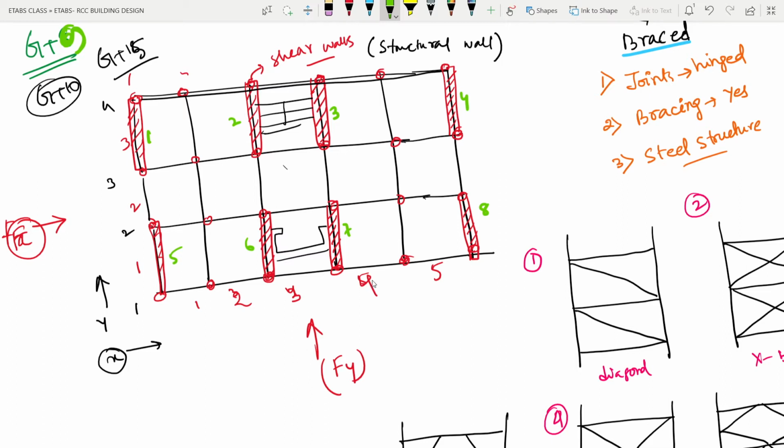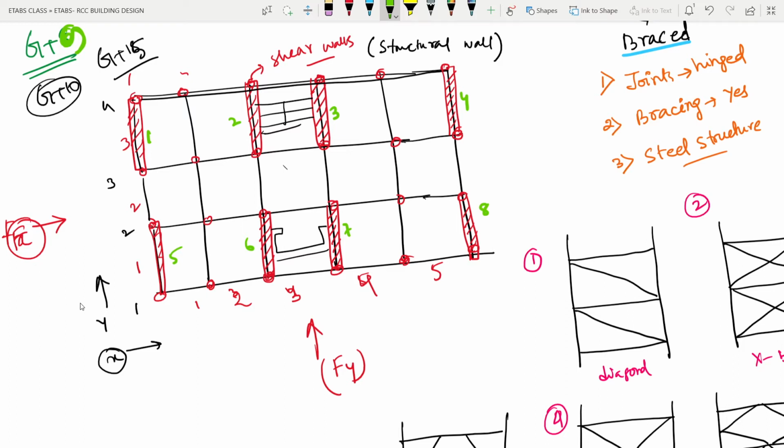Along the x direction we do not have any shear wall. We are totally relying on these frames, which we know are strong enough, having proper stiffness to resist the lateral force coming from the x direction.